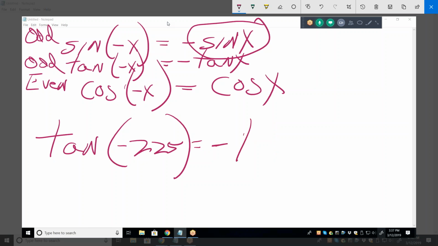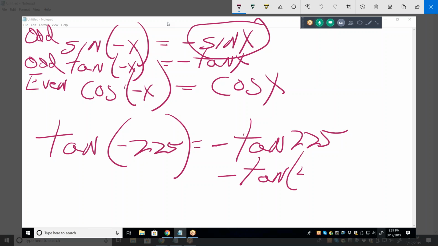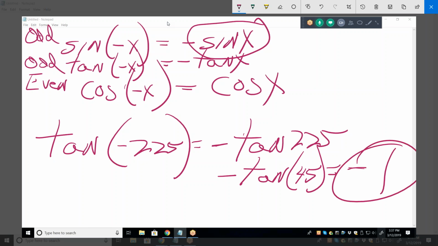Well, that's minus the tan of 225, which is minus the tan of 45, which is, well, tan of 45 is 1, so that's minus 1. That's the thought process I went through. In other words, you have to do this conversion, and then you have to be able to figure out what the tan of 225 is, knowing that it's positive 1.